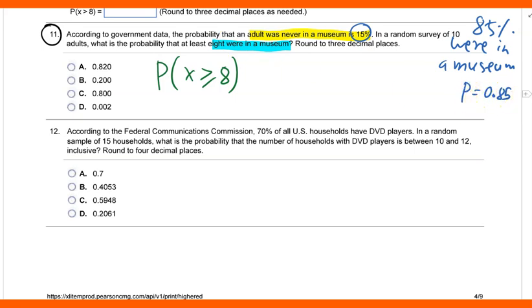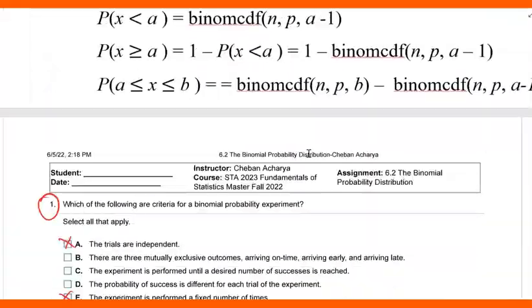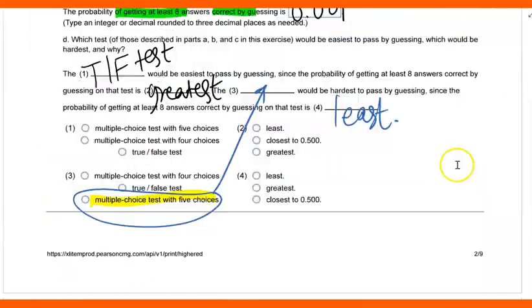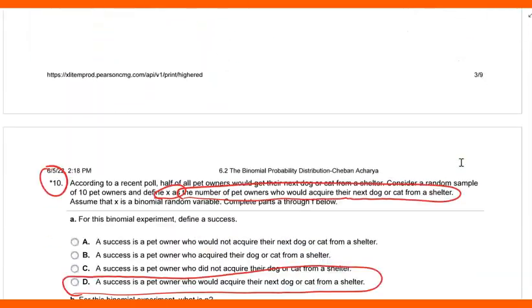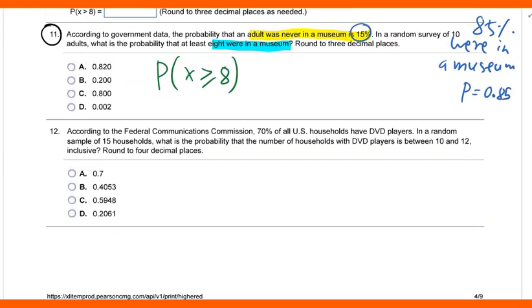And if you go back to the list of the functions over here, we're using probability of x greater than or equal to a, 1 minus binomial CDF n, p, a minus 1. That's what I'm going to use. Remember that this has to be handy every time you do a question from this section.